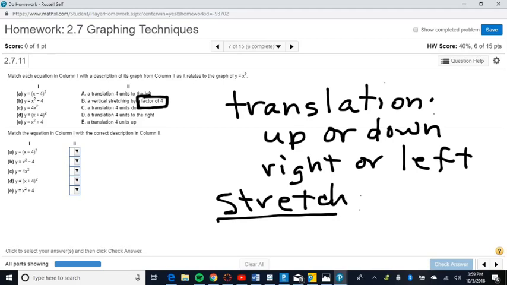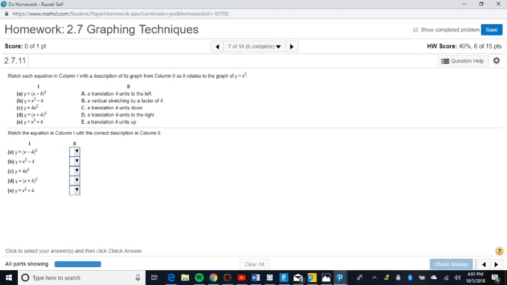So let's just look at each one of these and see if we can pick out the correct choices. So if you have x minus 4 squared, that's a parentheses. So pull the 4 away from the x, which makes it positive, which means that it's going to go to the right.